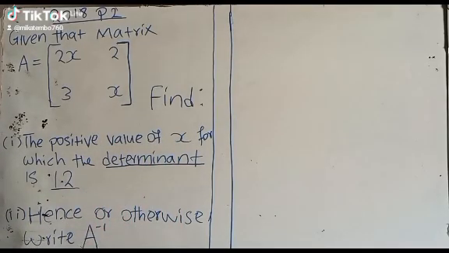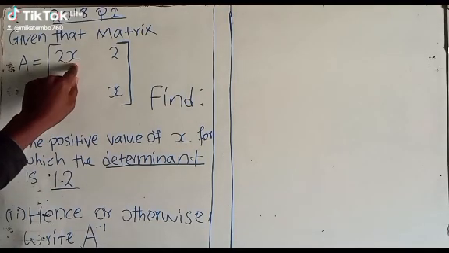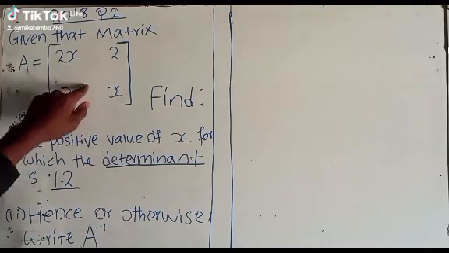So we have already been given the determinant. And question 2 says, hence or otherwise write the A to the power -1, which is the inverse of this matrix.